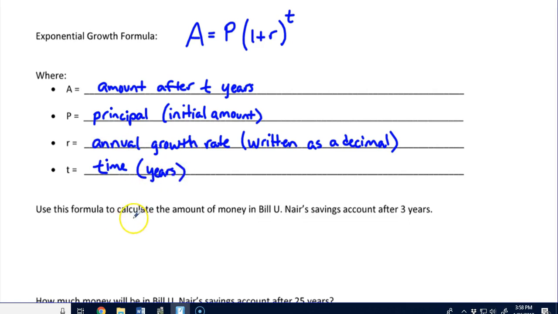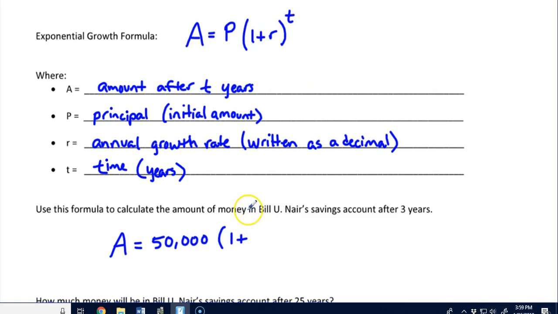Okay, so let's try to apply this formula to see what billionaire's account would be in 3 years. We already know the answer. We found it on the previous page, but we're trying to find the amount, and it's going to be based on the principal. That was our initial amount, so that was 50,000 times 1 plus the rate.